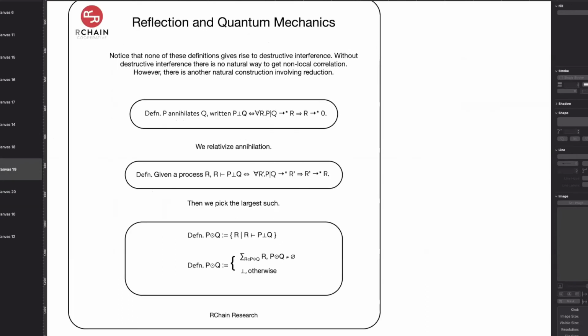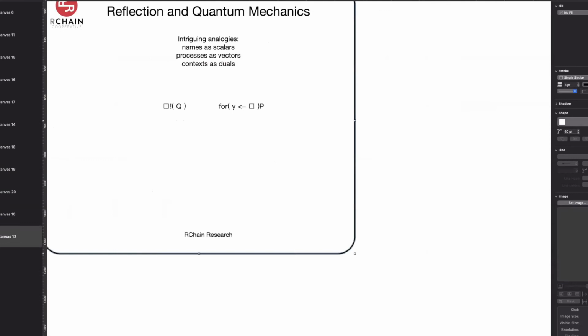Once I introduce this and this, I now need to verify some additional identities, and then I'm at the point where I can start to model things like the Stern-Gerlach experiment or the double slit experiment. And then things get much more interesting, right?